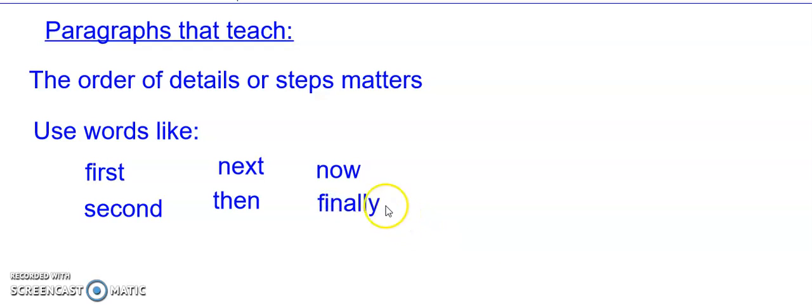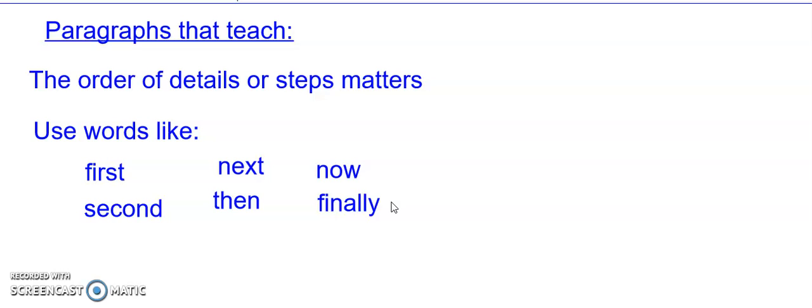Finally. And once you do the finally, that usually shouldn't be part of the conclusion. Again, the conclusion sentence doesn't introduce any new information. It just wraps up and reminds the reader what you were writing about.